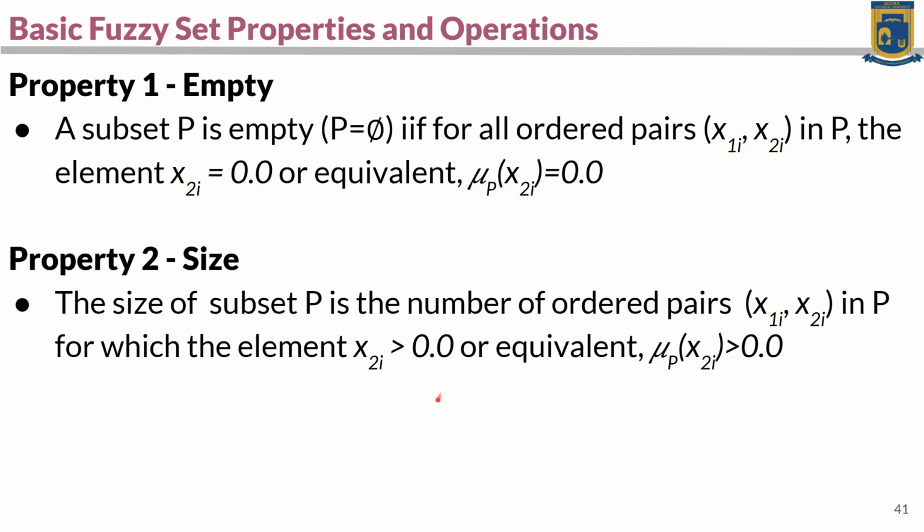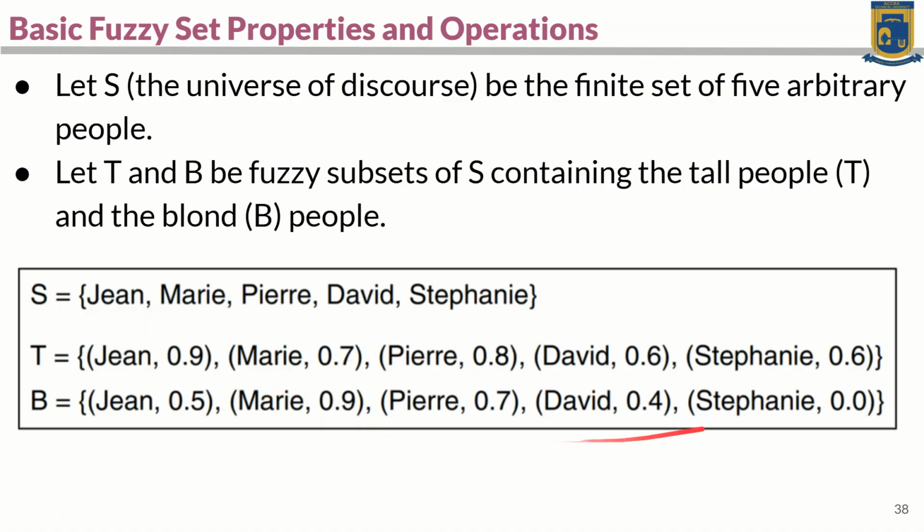If you come to this place, you see that Stephanie has a degree of membership equal to 0. So if I'm going to consider the size of the subset blonde, it's going to be 4, because the degree of membership for Stephanie is equal to 0. So I can't include Stephanie in the size. It is not part. So it's 1, 2, 3, 4. Only 4.